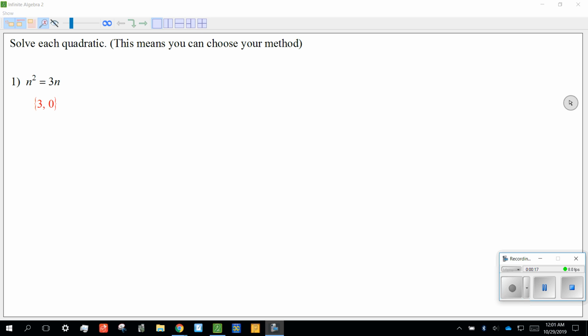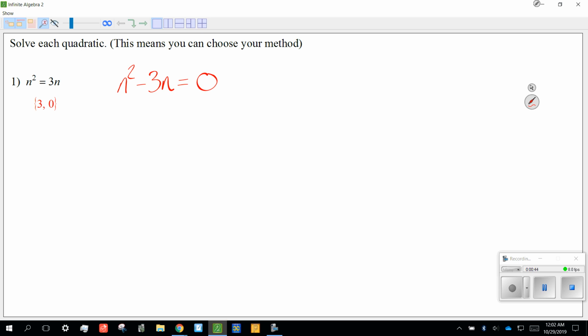Okay, so we've got this equation here, n squared equals 3n, and we want to solve for n. Alright, so the first thing I would do is move that 3n to the other side, so that I would have n squared minus 3n equals 0.